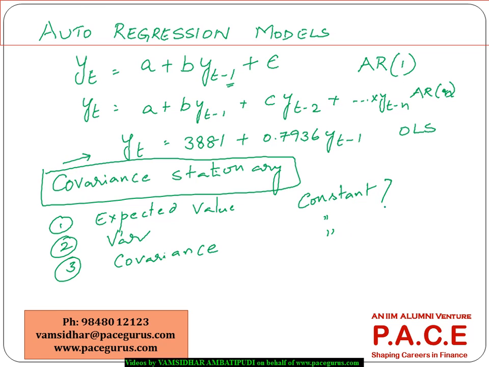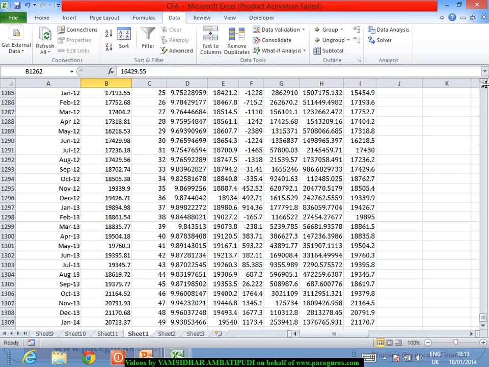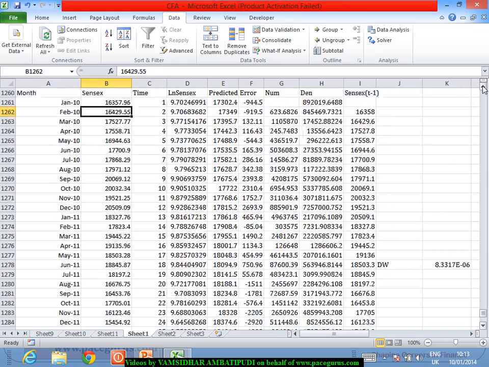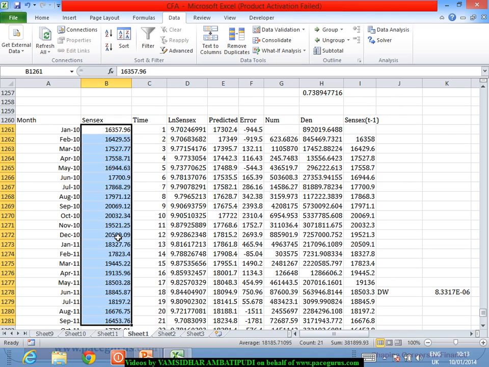So only when all these things hold, if I look at the data, say I take the mean of some specific values, the mean is some 18,185, then, okay, Jan 10 to September 11, the average is 18,185.